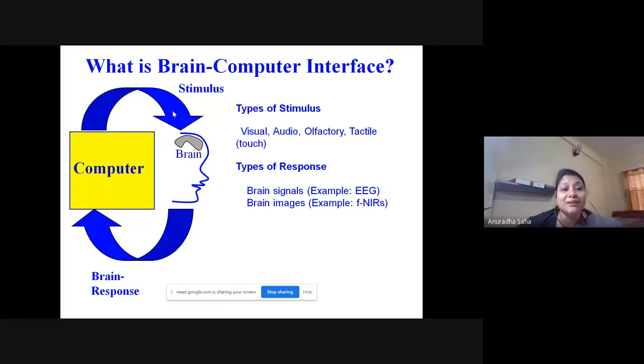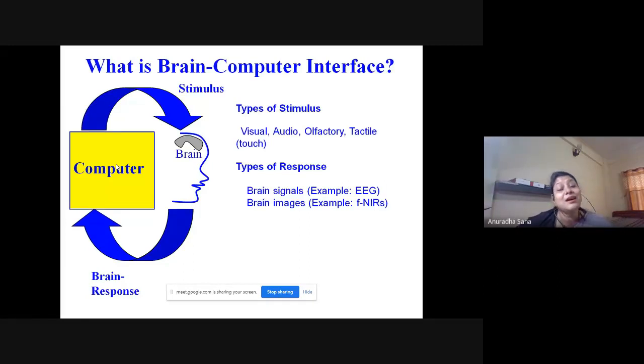So if my brain can receive any kind of stimulus, either from the computer, laptop or external environment, and if my brain can process those stimulus in such a manner that the brain signals can be extracted in their presence, and if we can process those brain signals using artificial intelligence, and feed them to the computer so that we can generate some kind of analysis based on that data, or some robotic movement, or transfer those signals to any automated device, then I can say that this is a brain-computer interface.